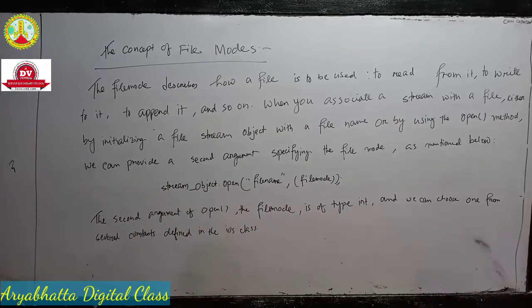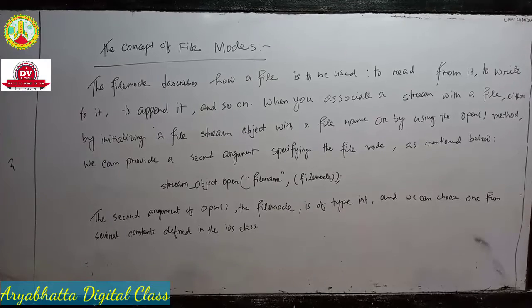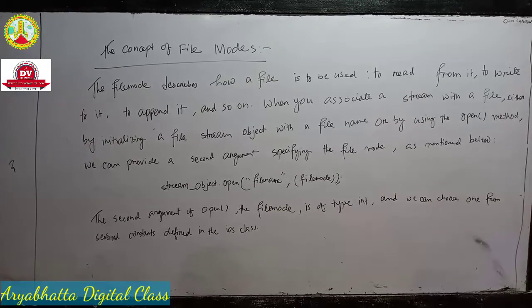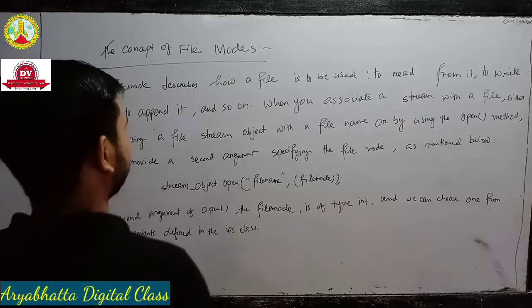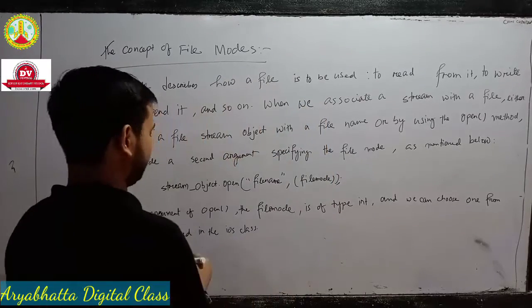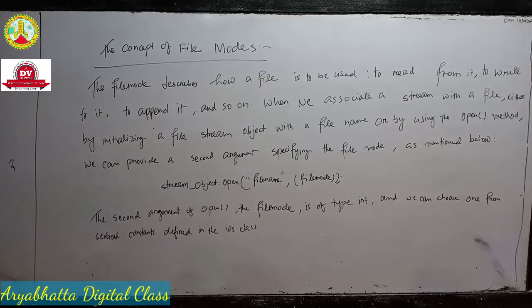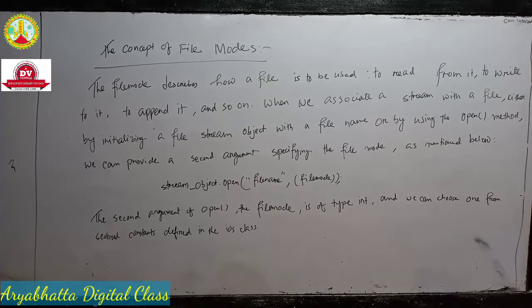What is file mode? File mode describes how a file is to be used: for input purposes, meaning read, write, append, or both, and so on. When we associate the stream with a file, either by initializing a file stream object with a file name or by using the open function method, we can provide a second argument specifying the file mode.